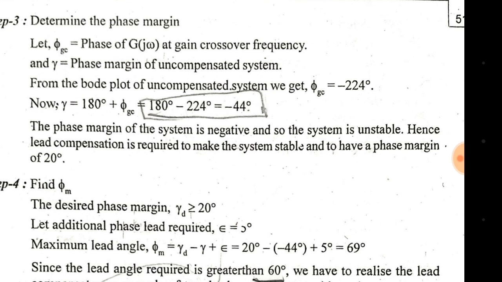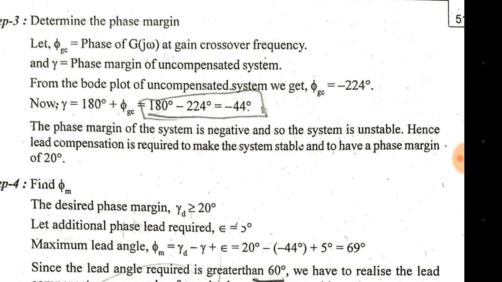So we need to have a phase margin of 20 degrees. The specification was in the question. Okay, we need 20 degrees of phase margin. And now we need to find phi m. See, phi m is the maximum lead angle.